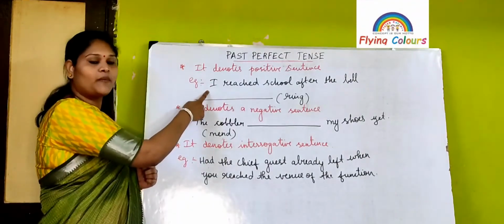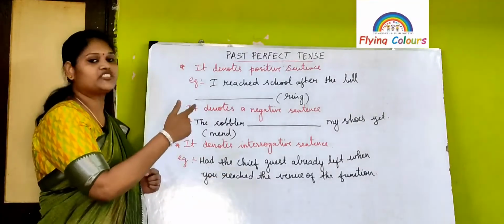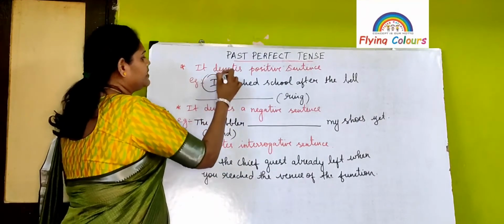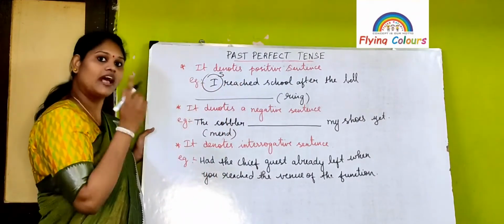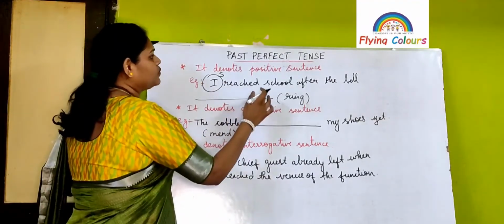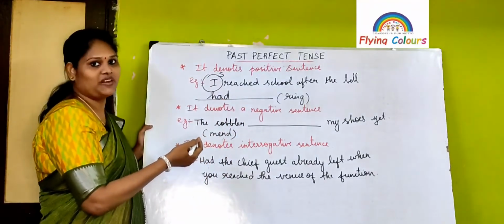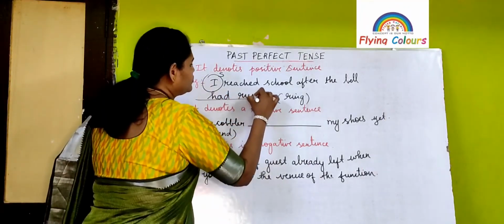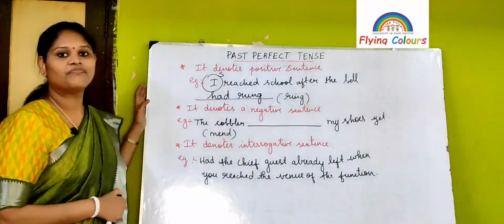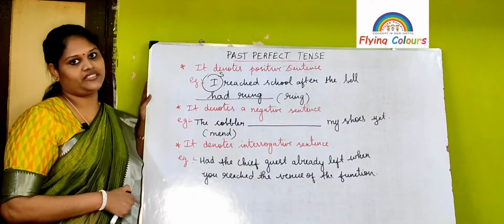This sentence is about I. So, subject is I. Okay. So, after subject you can write what? Had. I reached school after the bell had. After had you can write the past participle. So, rung, R-U-N-G. The past participle for ring is rung. I reached the school after the bell had rung. This is a past perfect tense.